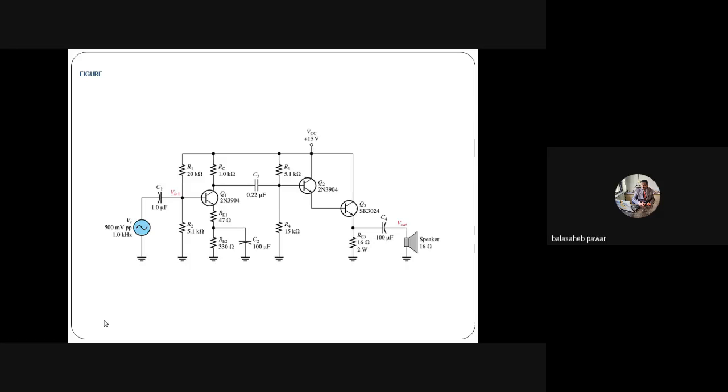Because if it is biased below the x-axis, it will still remain in the cutoff region and hence we will get the voltage across that transistor as 15 volts. So between class B and class C, it is somewhat difficult to identify. It will be possible only when we observe the input and output signal waveforms. Is it correct?